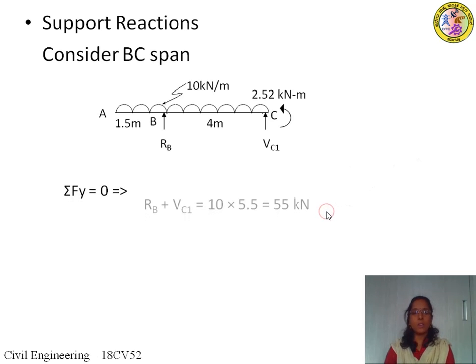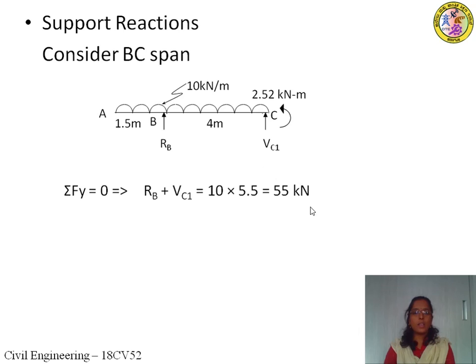So that implies Rb plus Vc1 equals 10 into 5.5. 5.5 means 1.5 plus 4, that is 5.5. That will be equal to 55 kilonewton. Let us take it as equation 1. Next, let's apply sigma Ma. Take moment of all the forces about A and equate it to 0.